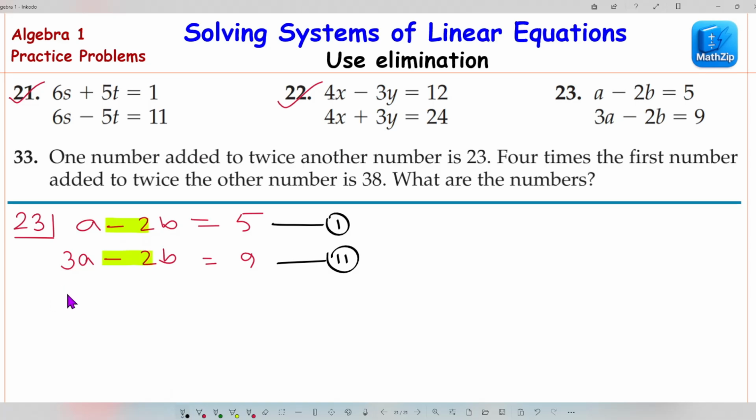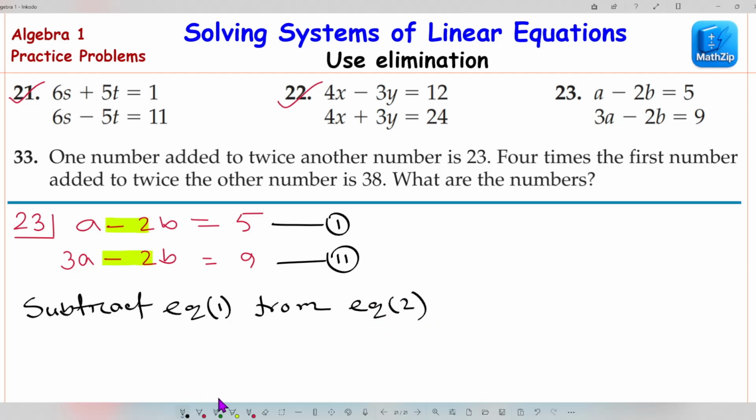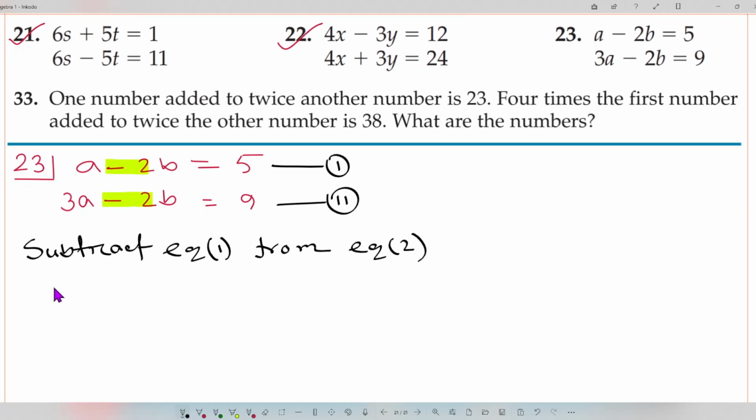So we can write it like this: subtract equation 1 from equation 2, right? So we write first 3a minus 2b equals 9.